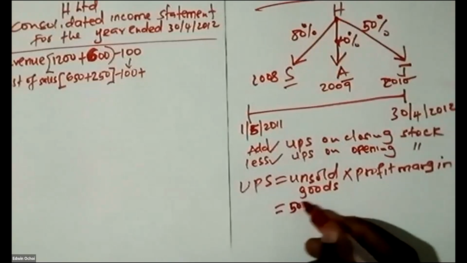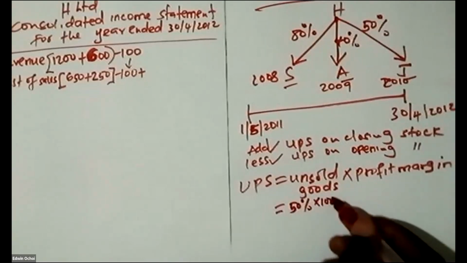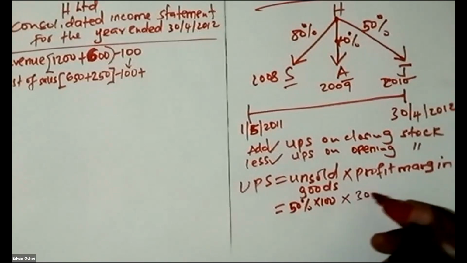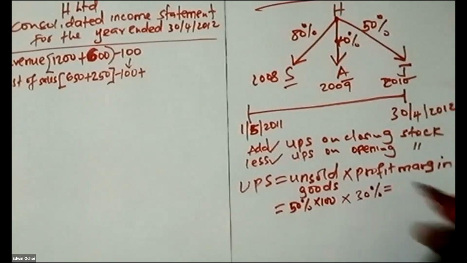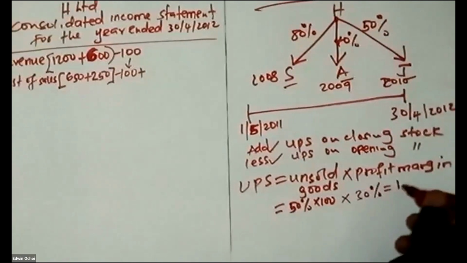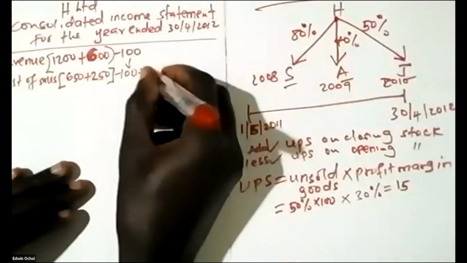So that you multiply a margin of 30%. If you are given markup, you change to margin. So this is all about 15. So what you add here is 15.